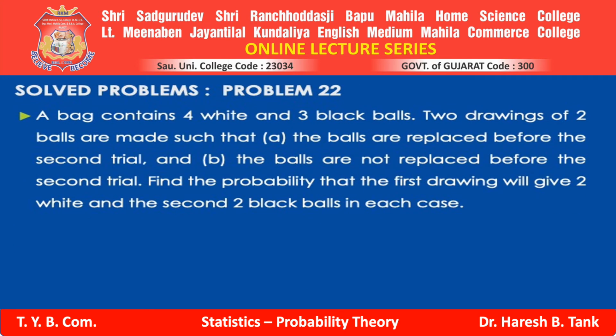A bag contains 4 white and 3 black balls. Two drawings of two balls are made such that balls are replaced before the second trial, and in the other example balls are not replaced before the second trial. Find the probability that the first drawing will give 2 white and second 2 black balls in each case.